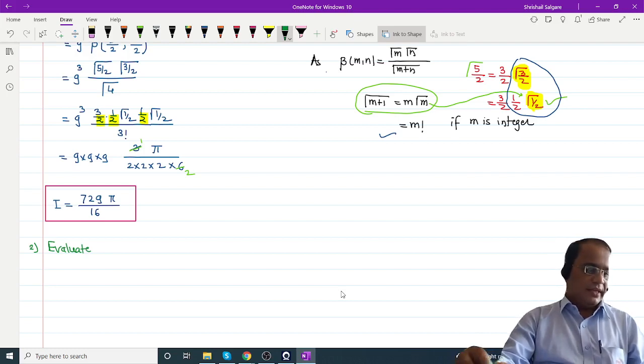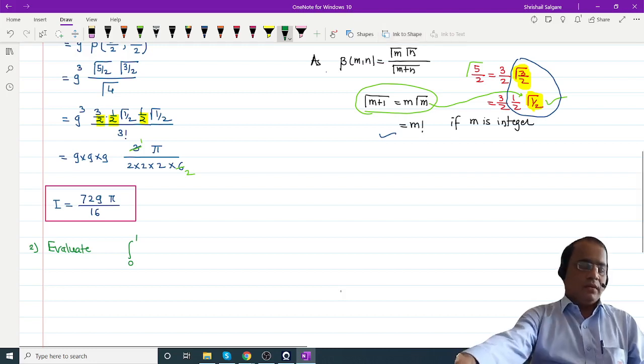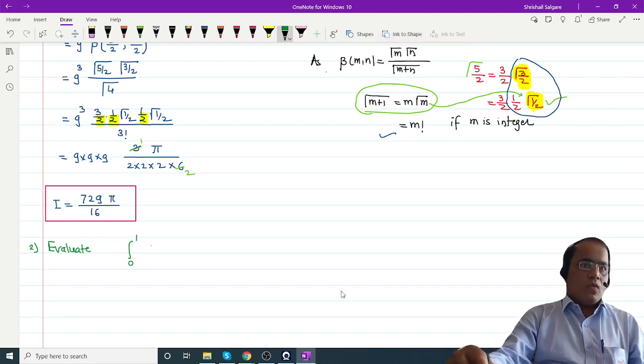Evaluate the integral 0 to 1, 1 minus fifth root of x, raised to 3 by 2, dx.